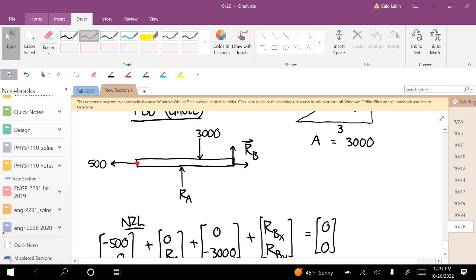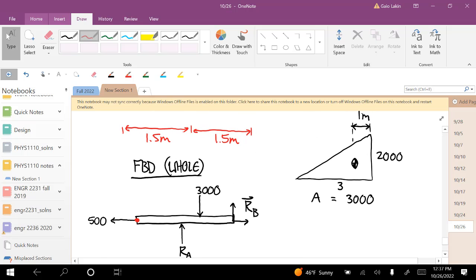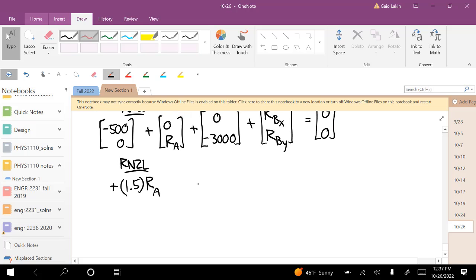And then we have the downward force of the 3,000. What's its moment arm? Nope, that's the one that's the centroid of the triangle. 2, yep. So 2 times 3,000. And is that positive or negative? That's negative, clockwise. Yep.